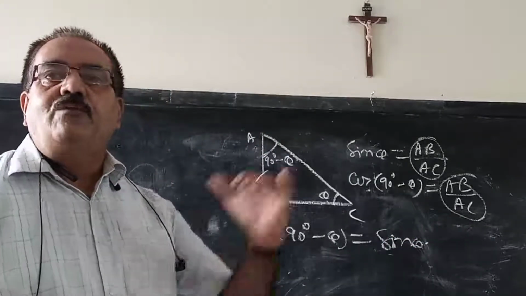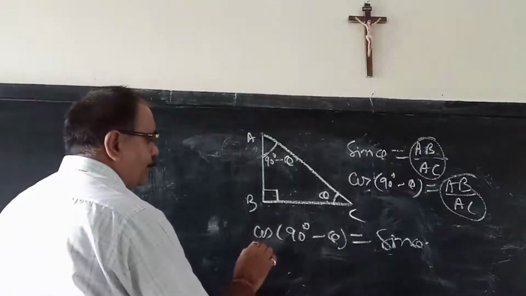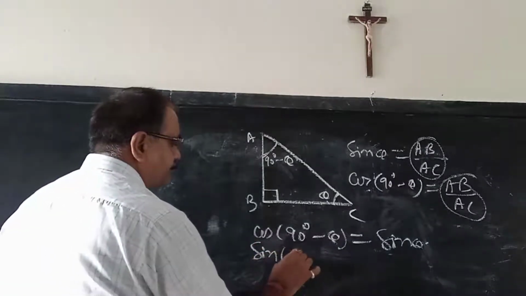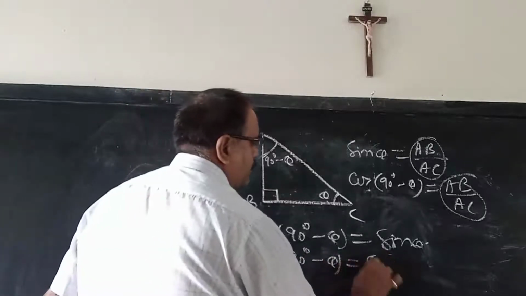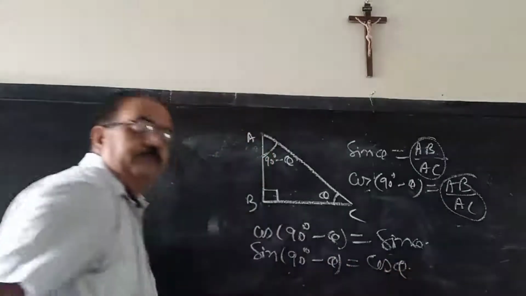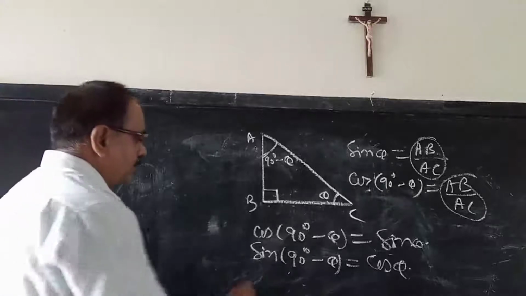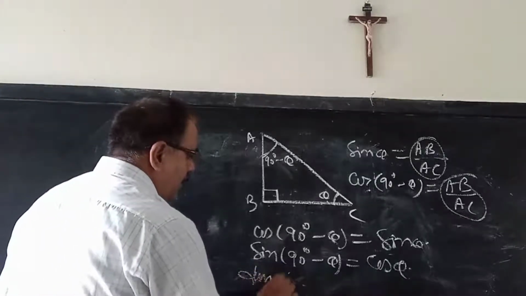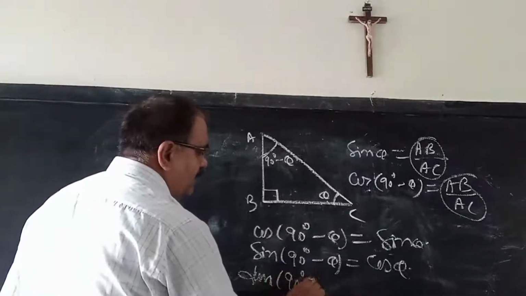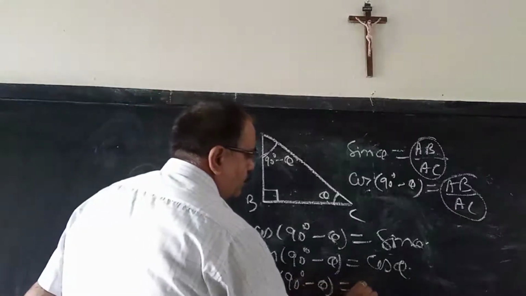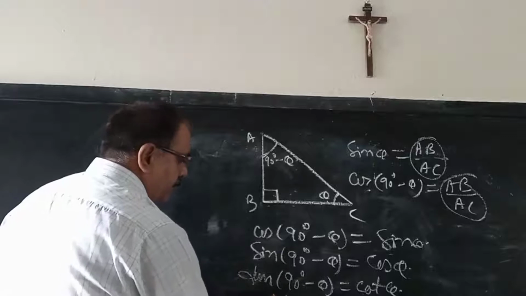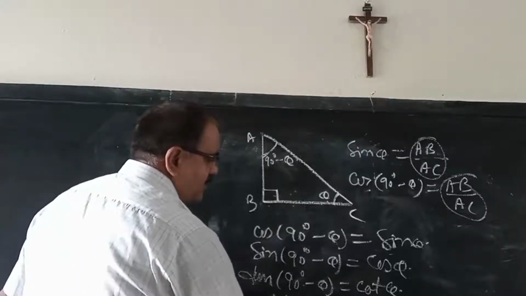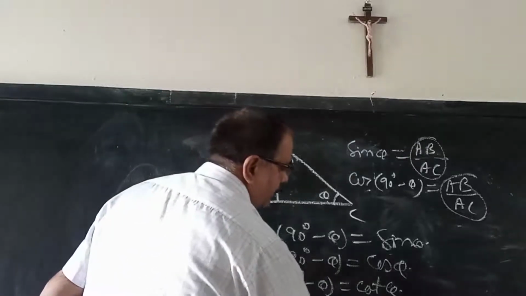Same way we can prove sin(90 degrees minus theta) is equal to cos theta. Similarly, tan(90 degrees minus theta) is equal to cot theta. Cot(90 degrees minus theta) is equal to tan theta.